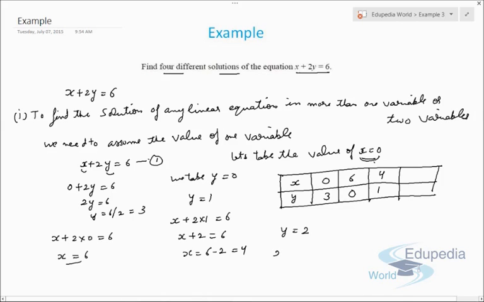What we get is x plus 2 into 2 equals 6. So x plus 4 equals 6. So x is 6 minus 4, which is 2. So we are getting x as 2 and the corresponding value y equals 2. So these are the 4 solutions of the equation x plus 2y equals 6. So this is how we can solve a linear equation in 2 variables.